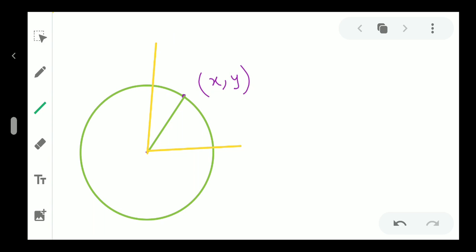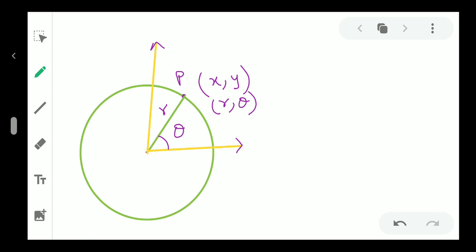So I can always say that at this point P, the position of this point can also be given as r comma theta. Why r comma theta? Because if you define r and if you define theta, then also you can locate that object.